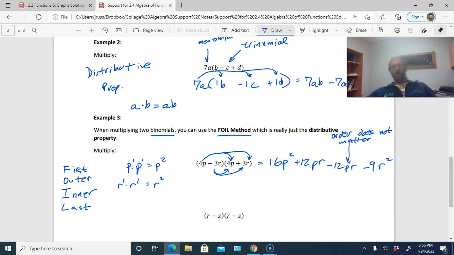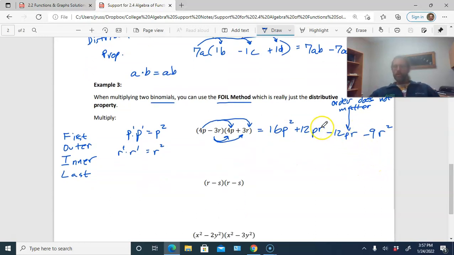Alright, now, remember a second ago I said lots of times after you multiply, the last step is to look and see if any of these terms are like. Well, it's the two in the middle, because they each have one factor of p and one factor of r. So we can combine those. They're like terms.